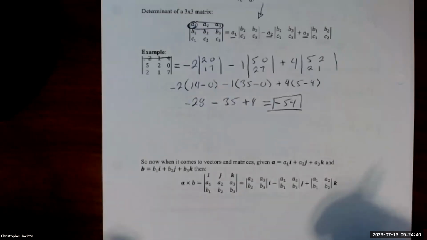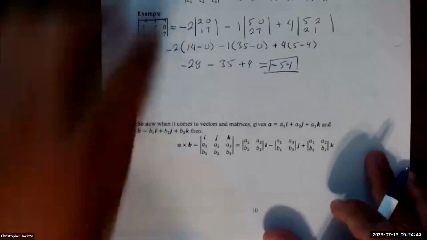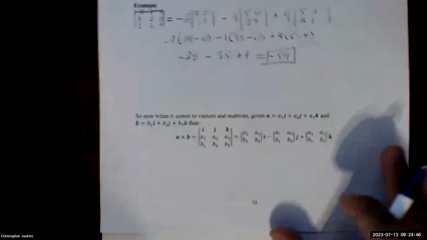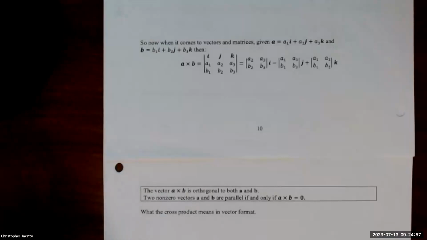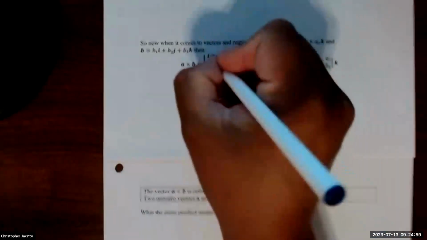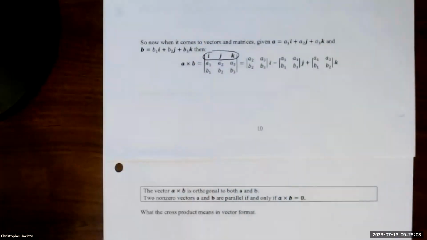Now, the good news is when it talks about matrices and vectors themselves, our way of doing the cross product would be a little different. If we have two vectors A and B with their respective components, the top row will always be I, J, and K, which is nice.